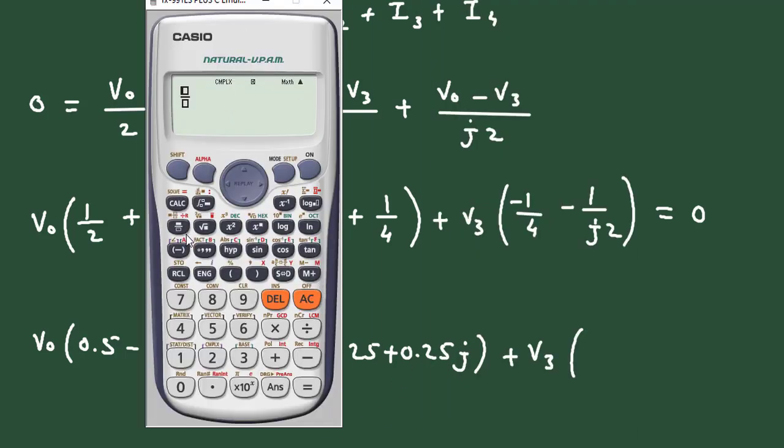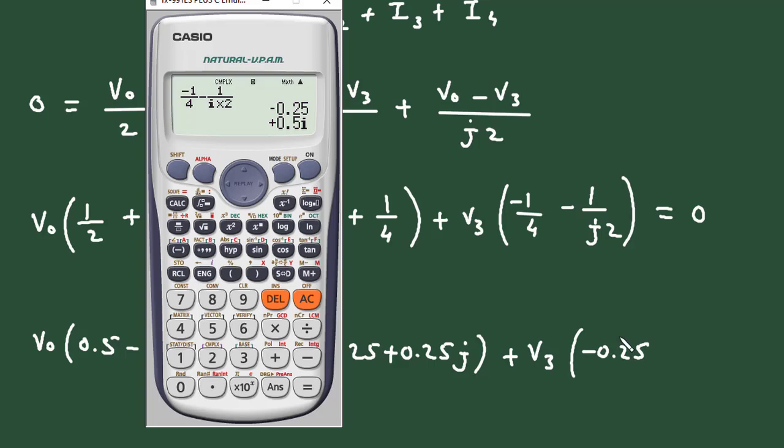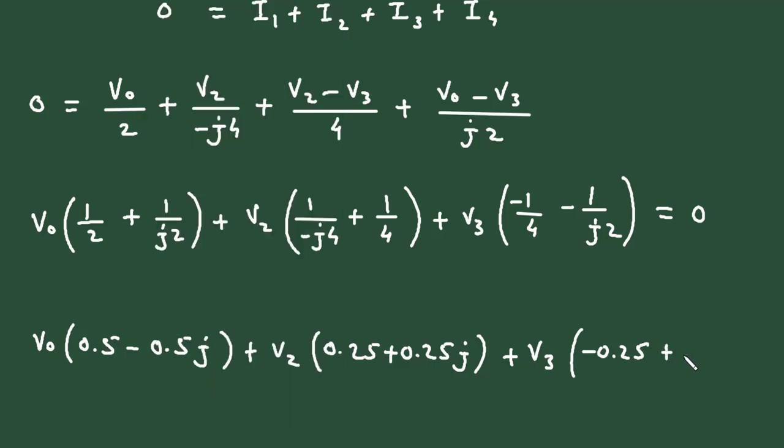So here it is minus 1 upon 4 minus 1 upon j into 2, so it is equal to minus 0.25 plus 0.5 j is equal to 0. Now let's assume this as equation number 1.